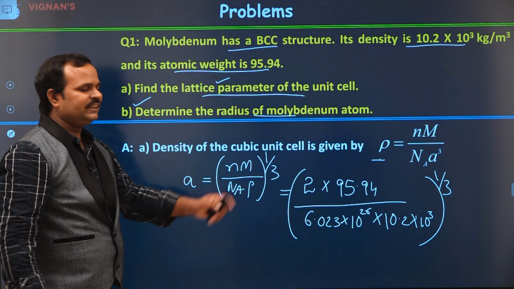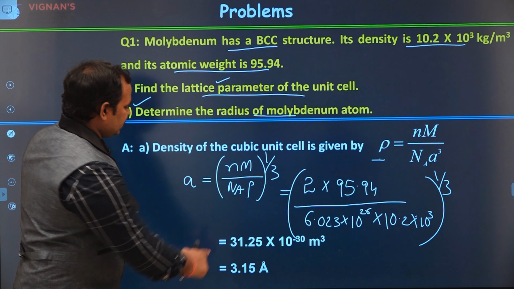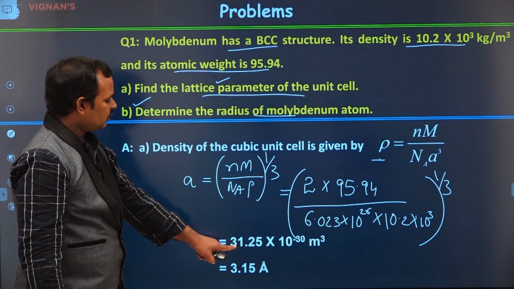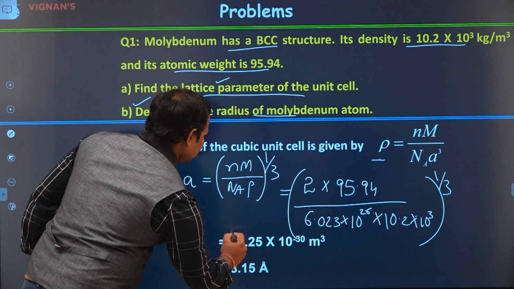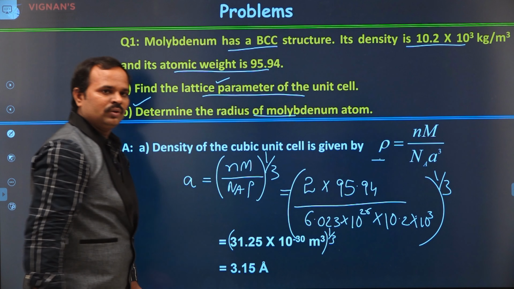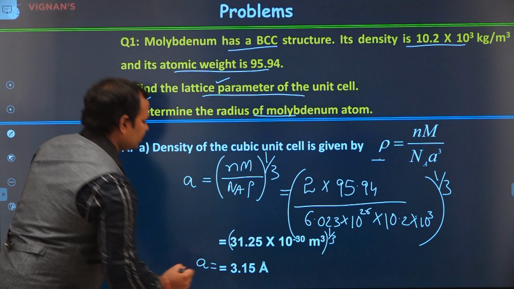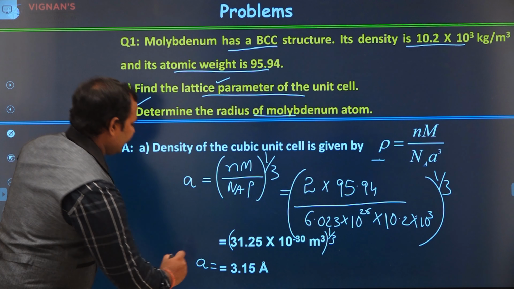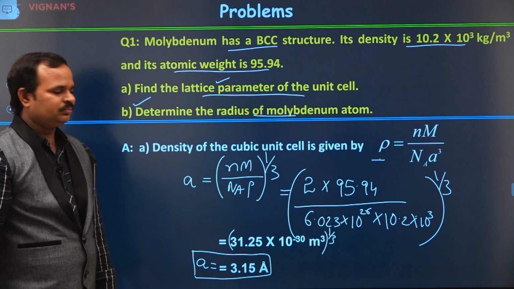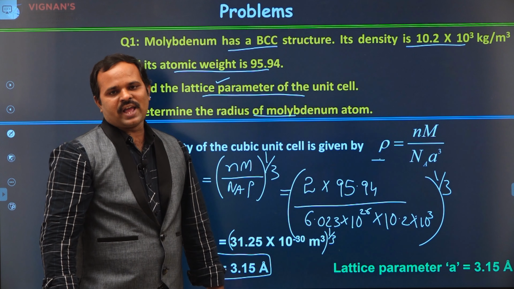Now if you calculate this, we get 31.25 into 10 power minus 30 meter cube, whole power 1 by 3. Now if you take the cube root, we get A is equal to 3.15 angstrom units. That means the lattice parameter of the unit cell is 3.15 angstrom units.